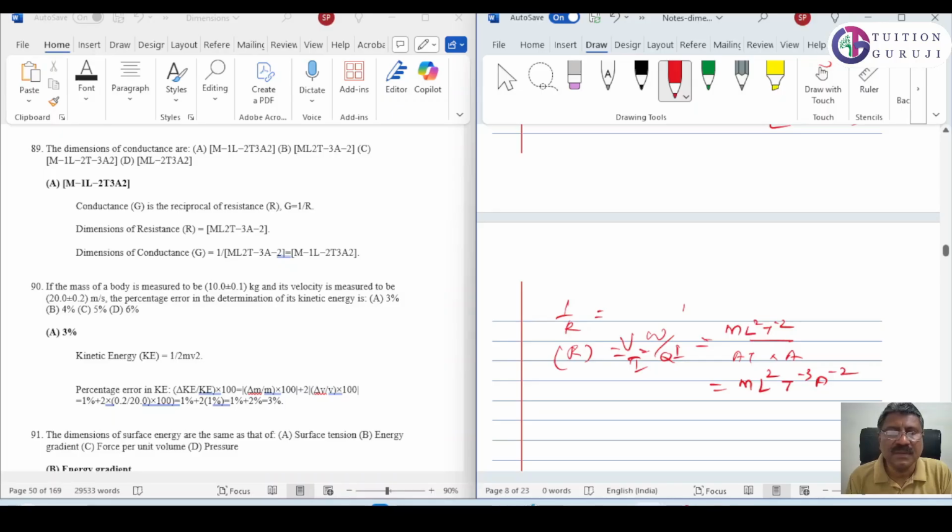Therefore, conductance is equal to 1 by R, reciprocal of resistance. That means M raised to minus 1, L raised to minus 2, T raised to 3, A square.